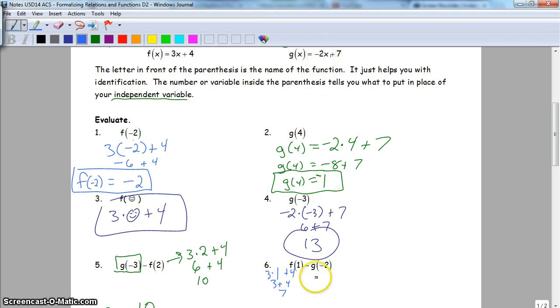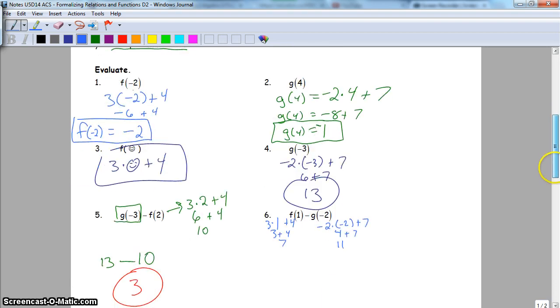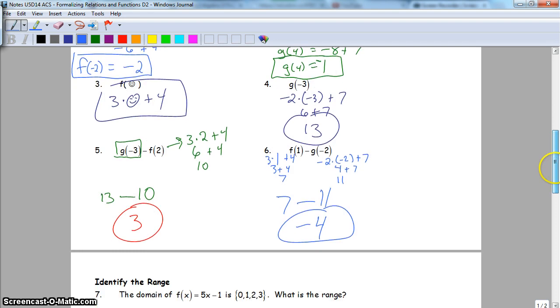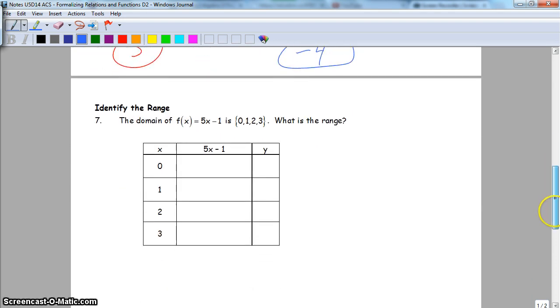That's going to be -2 times x, which is -2, plus 7. So this is 4 plus 7, which is 11. So what we have here, f of 1 was 7 minus g of -2, which is 11. You should have got -4. All right, let's go to page 2.